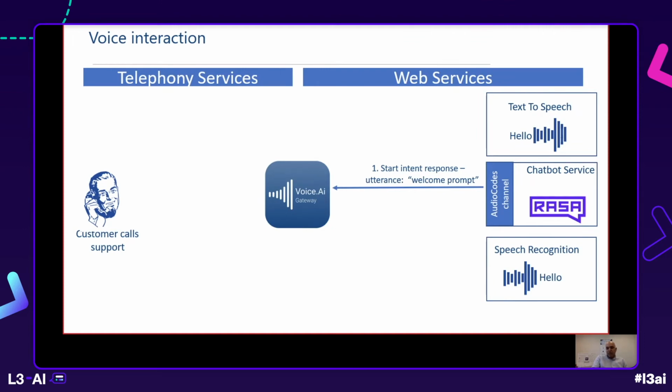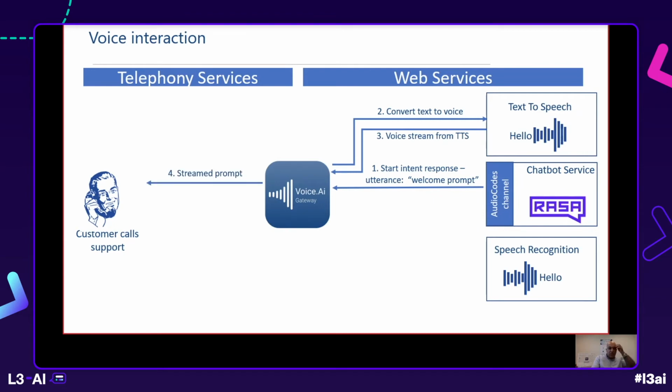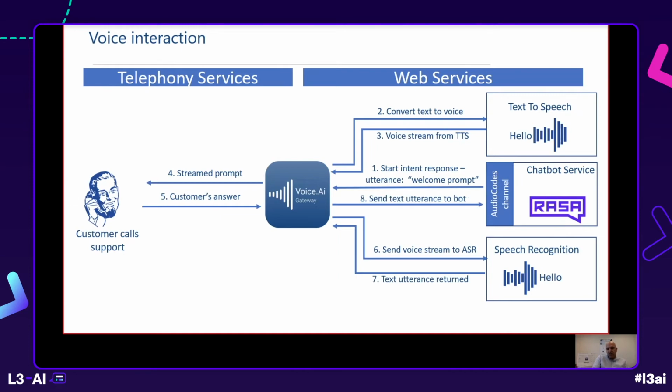The Voice AI Gateway receives this text, converts this text from text to speech, and then streams the voice stream towards the user. The user then can answer or say something, and then we convert the voice from the user to text, and then send a full utterance to your chatbot. This is sent from the AudioCodes channel to the NLU that detects a specific intent and informs your bot.